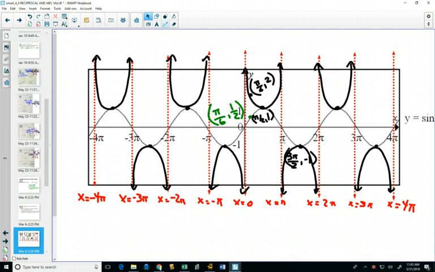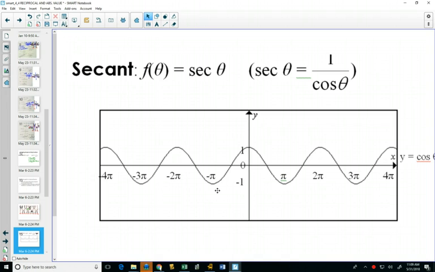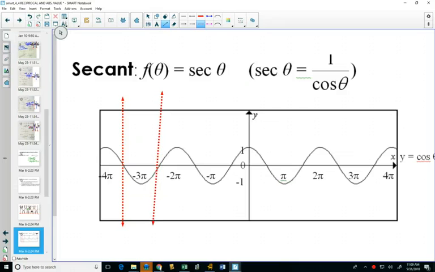I would like you to do the graph of secant on the next page on your own. Let's see how you did. So, first of all, you would have started with asymptotes wherever you have x-intercepts.